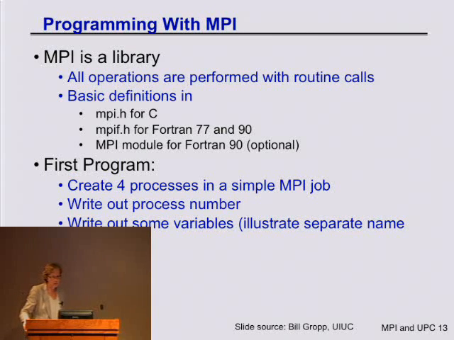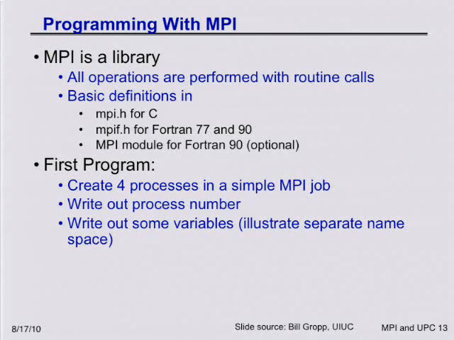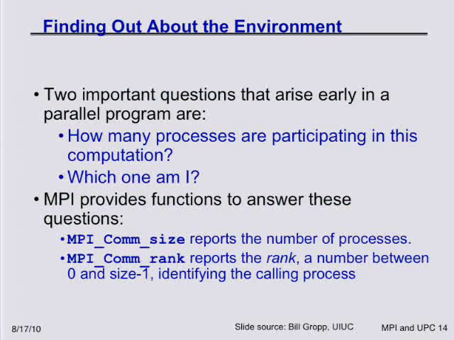So just to start with a really simple program so you all see what an MPI program looks like, we'll create something with 4 processes and just write out their processor number. No interesting collaboration or communication happening in this application. This is basically the hello world of parallel computing. Even to get that far, there are 2 questions that come up when you're trying to write an application: how many processors are computing, and which one am I?